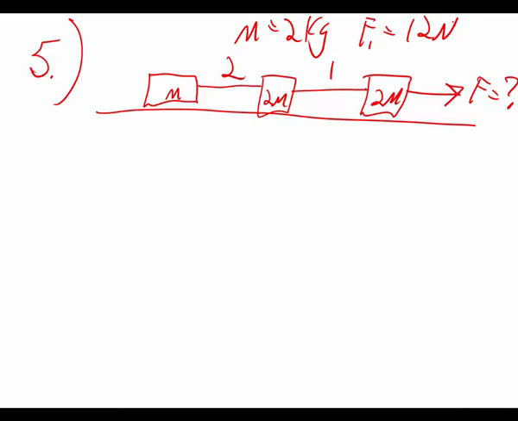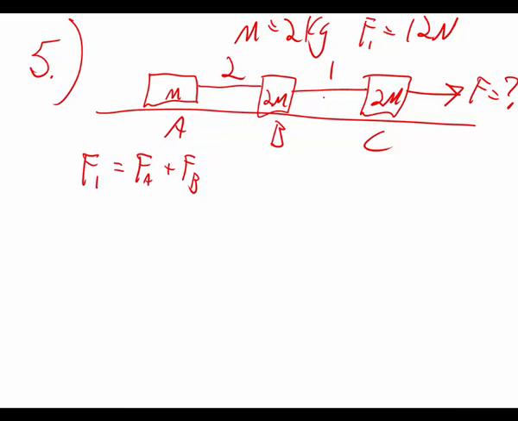Now, if you want to, you can label these A, B, and C. And you know from Newton's second law that the force in 1 has to be equal to the force in A plus the force in B. It has to be, because we're pulling 2 objects here.